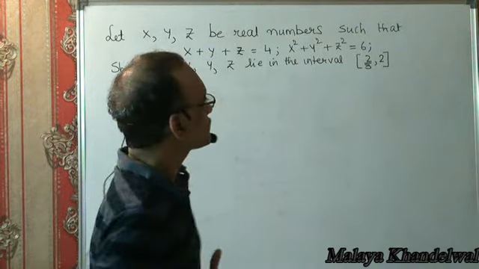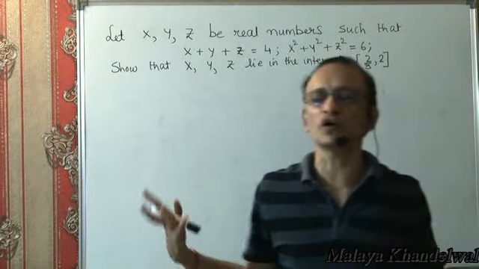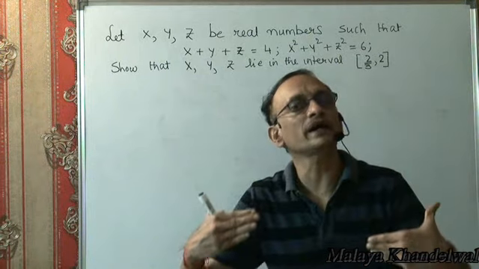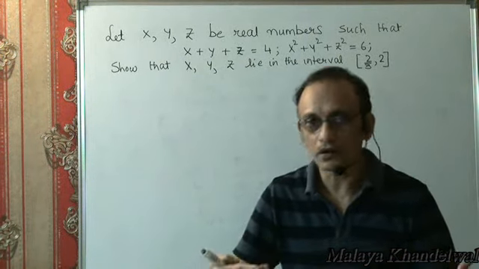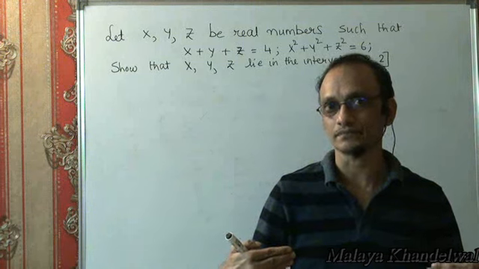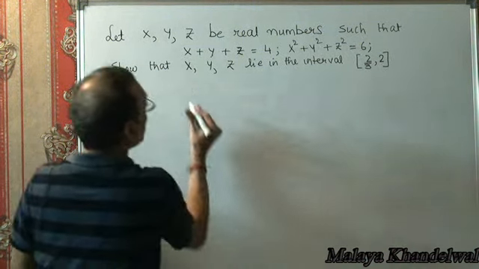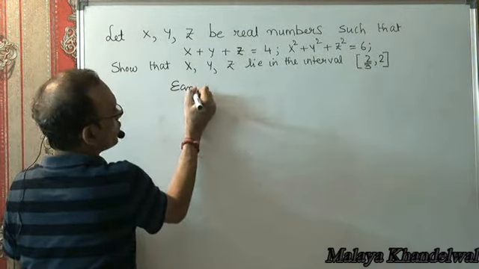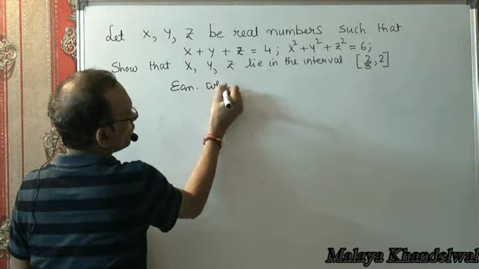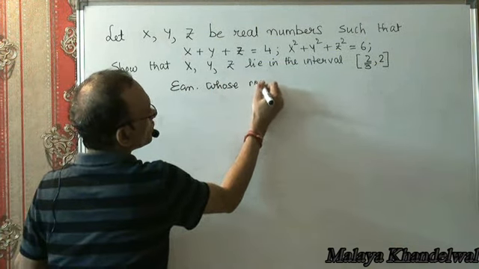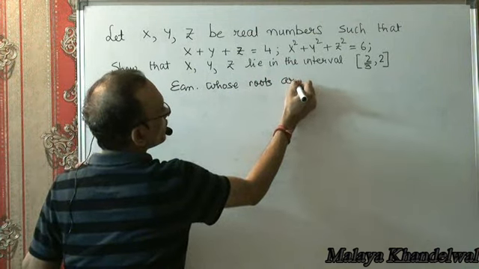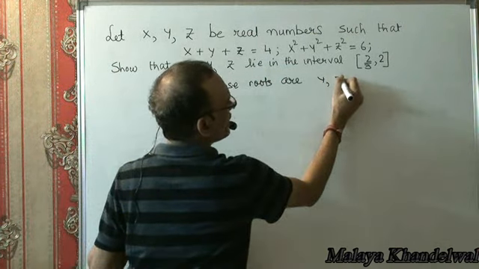First things first, let me try and get rid of two of the three. Let me try and construct, for example, a quadratic whose roots are y and z, right? So, equation whose roots are y and z, what's that? A quadratic equation whose roots are y and z.